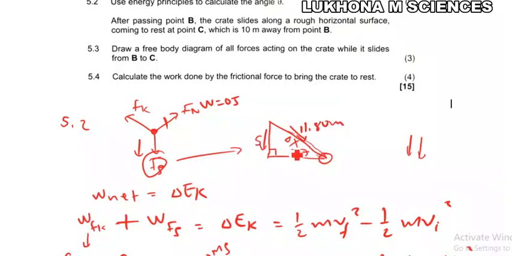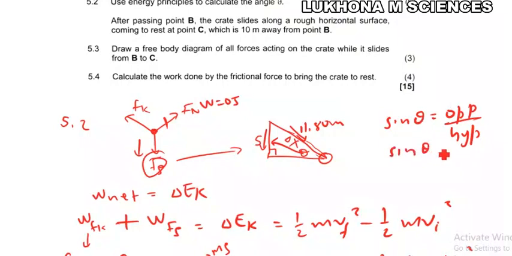So this one is opposite, which means we can use the sine ratio. Sine theta is equal to opposite over hypotenuse. So sine theta is equal to, the opposite to this angle we are looking for, 5 over 11.8. Then theta is sine inverse of 5 over 11.8.